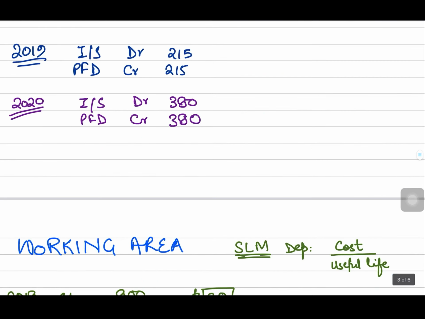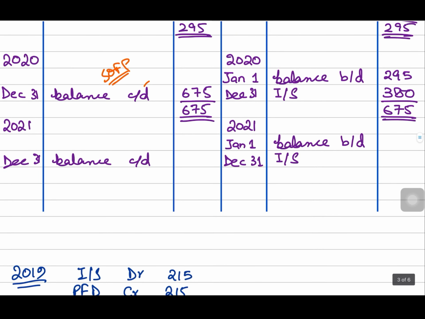So let's write that down in the T account as well. The balance brought down was 675. Current year depreciation charge is 485, which means that our balance carried down figure is 1160. 1160 will go in your statement of financial position as an accumulated depreciation figure for 2021.